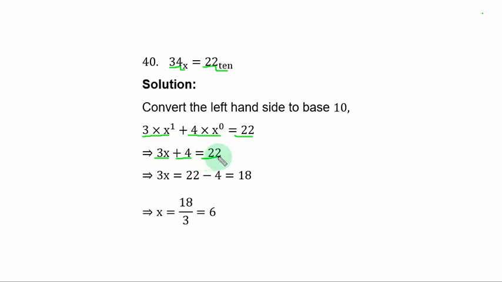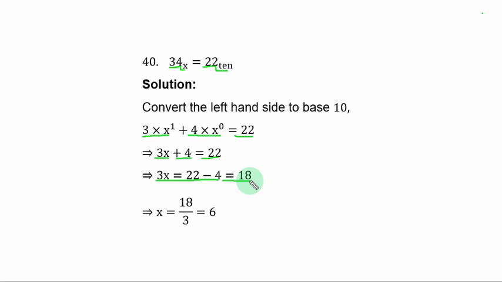You collect like terms by transferring plus 4 to the right hand side. So 3s is equal to 22 minus 4, and that is 18. To get s from 3s, you want to solve for s, you need s to stand alone.